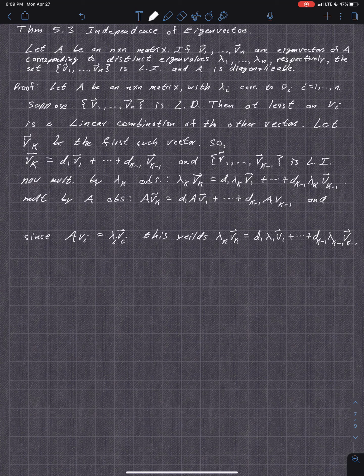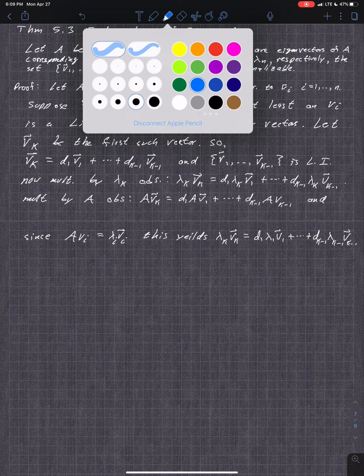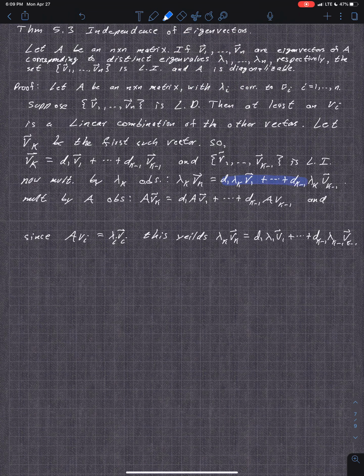Then we look at these two equations and subtract them.